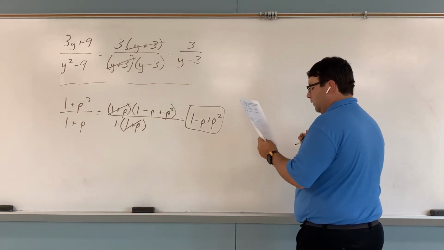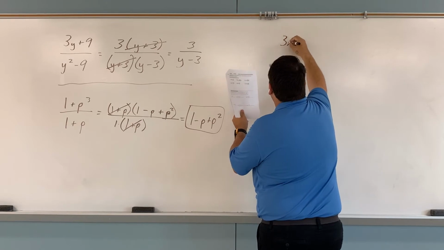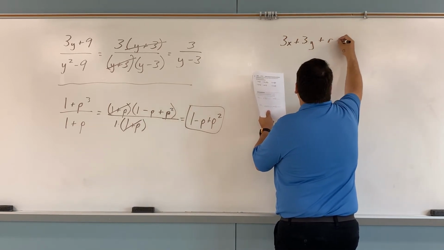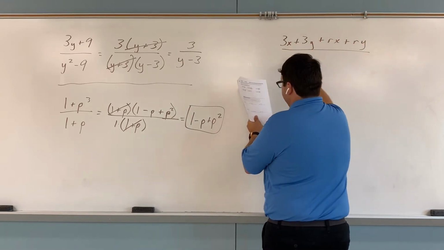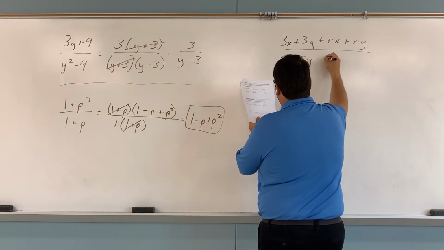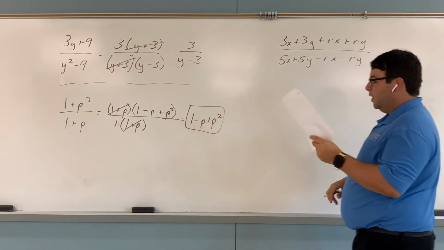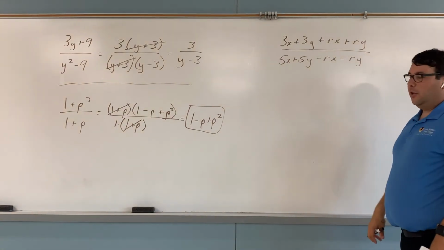I am on example 5 at the very bottom of the page. I have 3x plus 3y plus rx plus ry over 5x plus 5y minus rx minus ry. Okay, so I've got two 4-term polynomials.